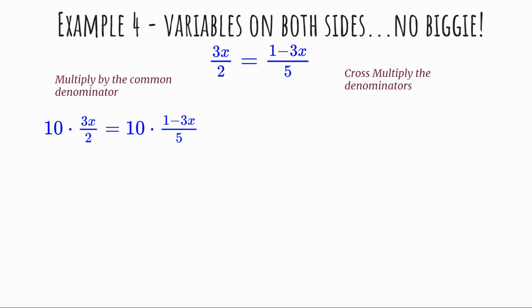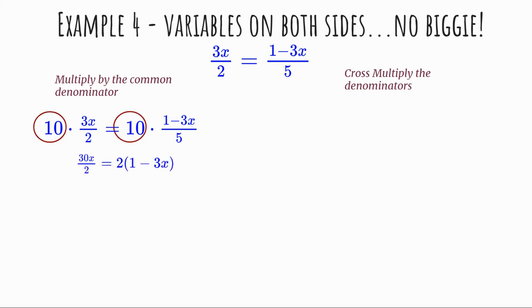And on the right side, I have to be careful about something. I'm going to divide 10 by 5, which produces 2. But that 2 is multiplied by the whole expression 1 minus 3x. It's not just multiplied by the 1, it's multiplied by both the 1 and the negative 3x.